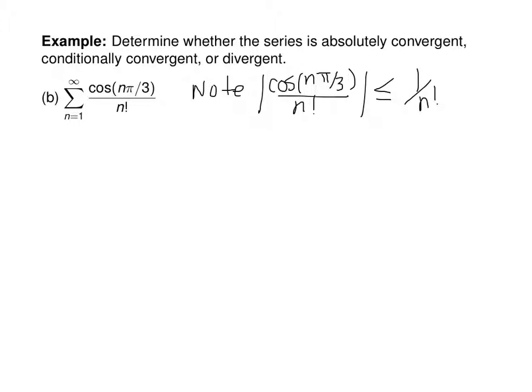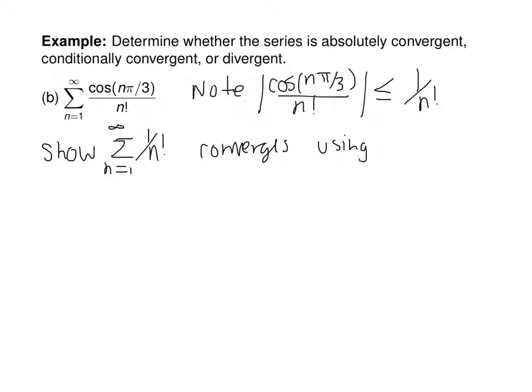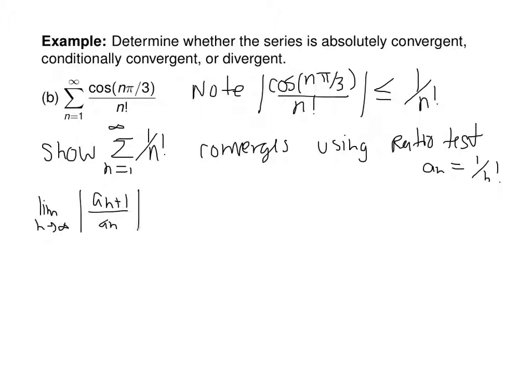So what we're going to do now is show that the sum from n equals 1 to infinity of 1 over n factorial converges using the ratio test. So let's let a sub n equal 1 over n factorial, so we'll find the limit as n goes to infinity of a sub n plus 1 over a sub n.